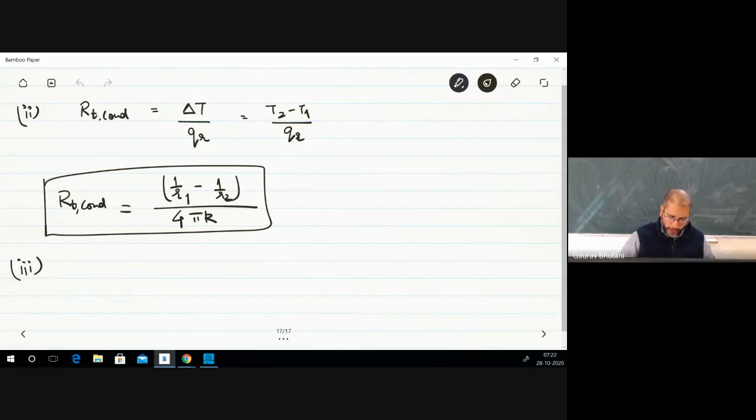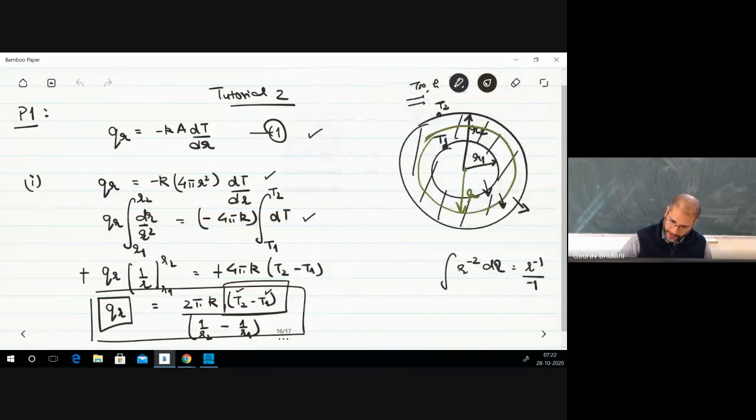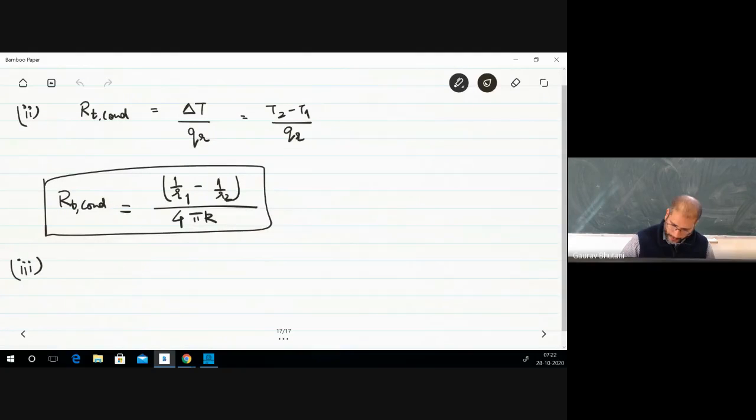So what we have to do is, like we did in cylindrical coordinates, write the overall resistance. So if I go back here, let's draw the figure again.